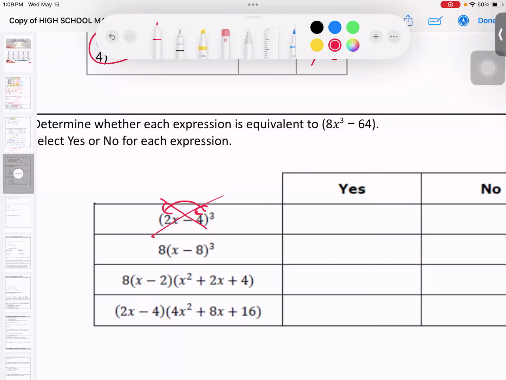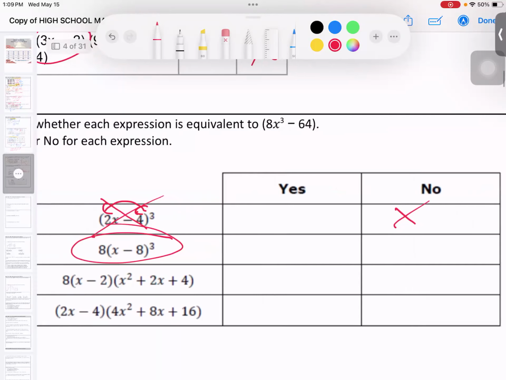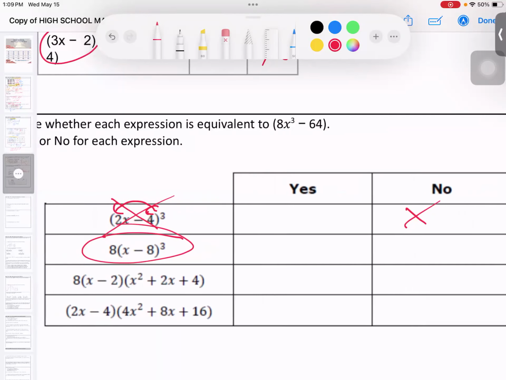Yes, that's what you can do. All right, second one. Yes or no? Because you need to work with the power first. You cannot distribute it. If you want this one to become like this, you think, oh, I'm gonna distribute the 8. No, you cannot do that. Okay, so this one is no.